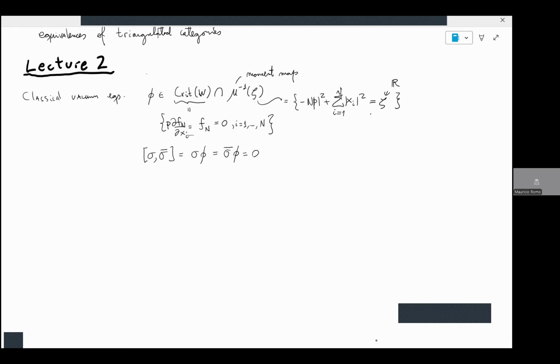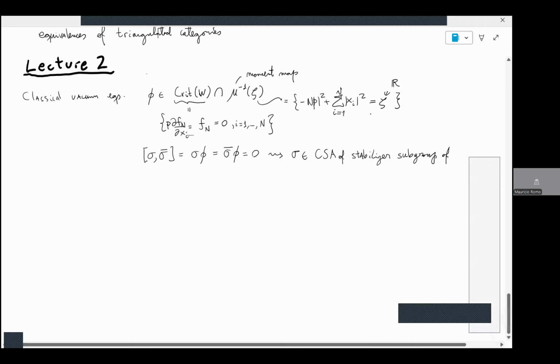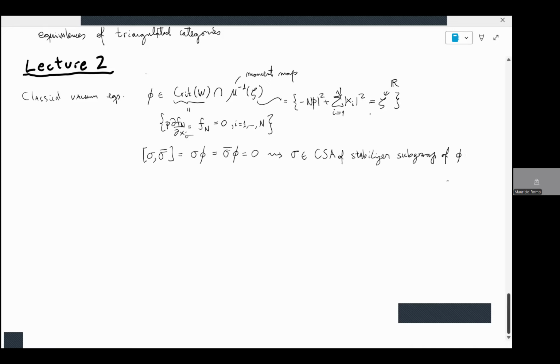So what these equations are saying is that sigma belongs to the Cartan subalgebra of the stabilizer subgroup of a point phi belonging to phi classical.